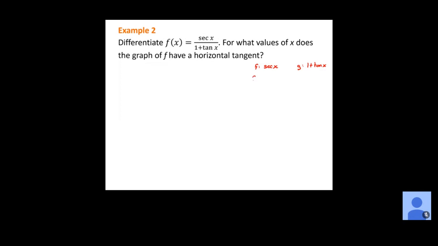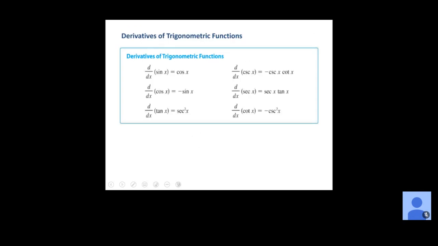All right, so now f prime, this just goes back to that slide we just looked at, so I'll go back so we can look at that derivative. So for secant, we're looking at this one here. So that derivative is just going to be secant x tangent x.